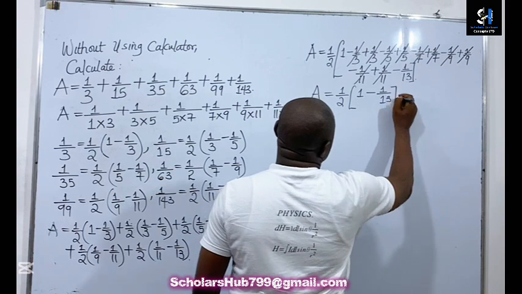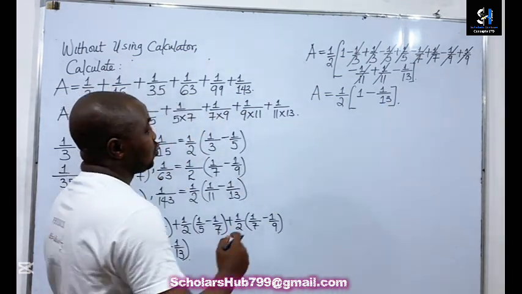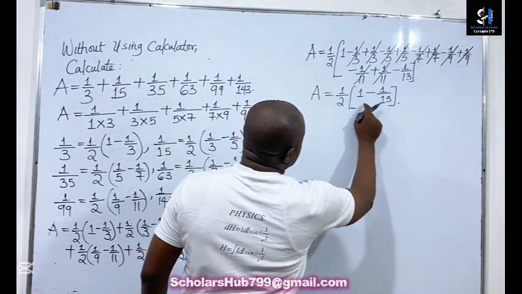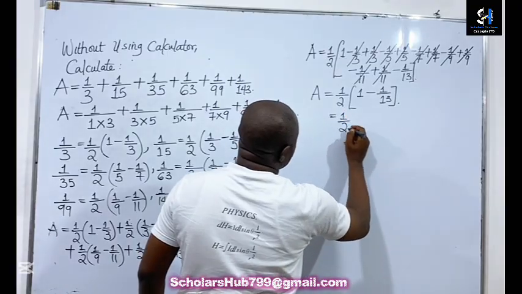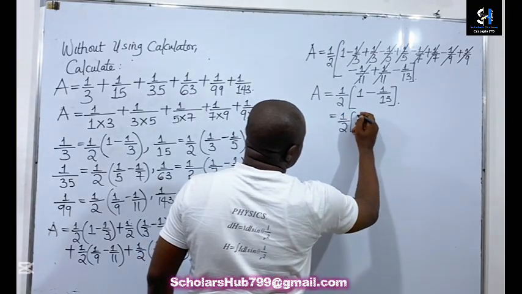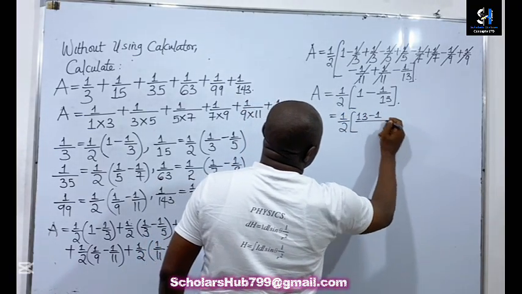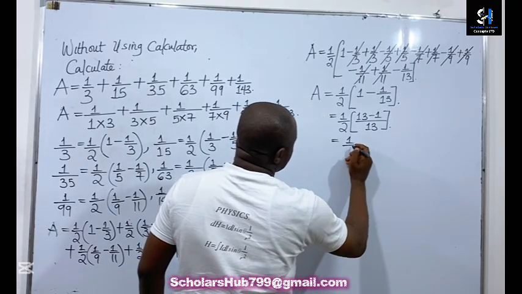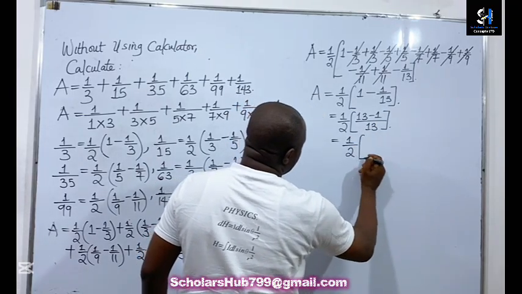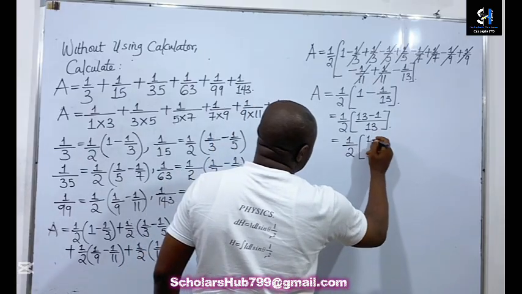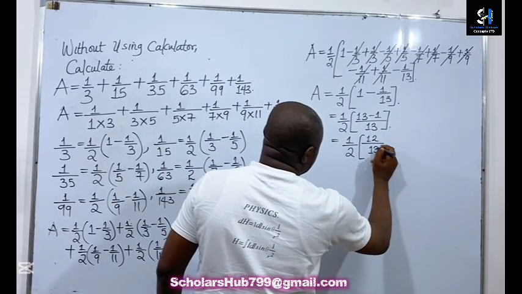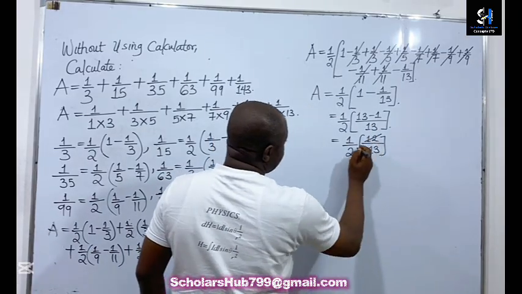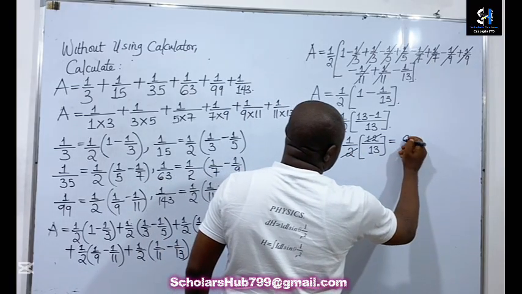To simplify, we have 1/2 of 13 minus 1 divided by 13, which equals 1/2 of 12 over 13. 12 divided by 2 is 6.